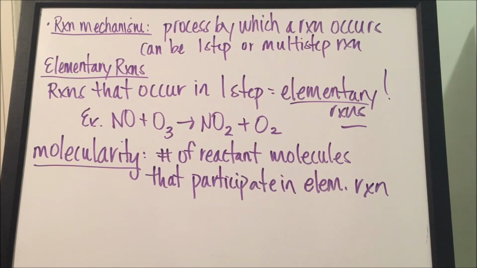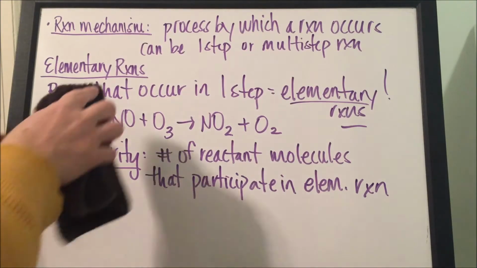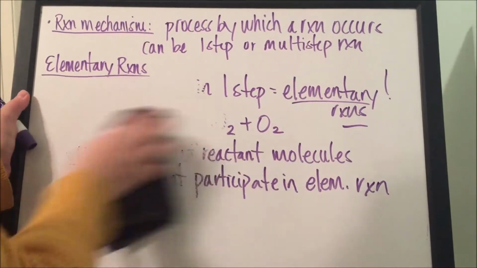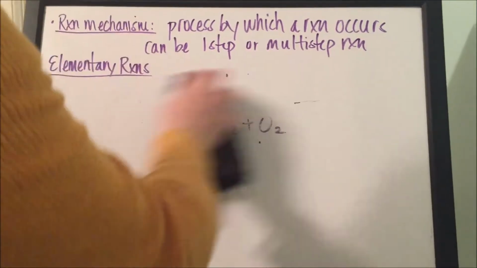So the molecularity of a reaction is the number of reactant molecules that participate in an elementary reaction, or in a one-step reaction. So number of reactant molecules. So we have a few choices as to what the molecularity can be, and that's the last thing we're going to talk about in this section. I'm afraid I'm out of room, so I will move this for you.